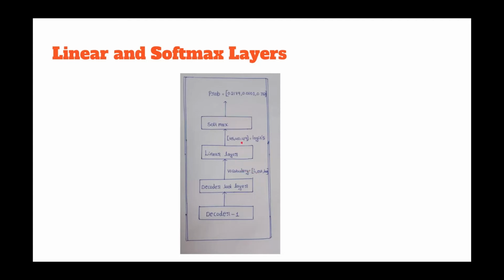It gives logits for those 3 words, and once you pass that to the softmax layer, it will give you the probability distribution. In this case, born has the highest, 0.78. Let's say I predicted est, and the next word I predict is born, because born has the highest probability score of 0.78. That's how the linear and softmax layers work.